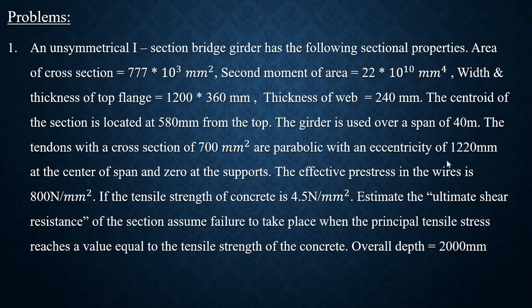At the center, eccentricity is 1220 mm. At the supports, it is 0. Effective pre-stress in the wires is 800 Newton per mm square. This is the tensile strength. They have given the overall depth. They have clearly mentioned to estimate the ultimate shear resistance of the section. Okay, so this ultimate shear resistance should be found out.